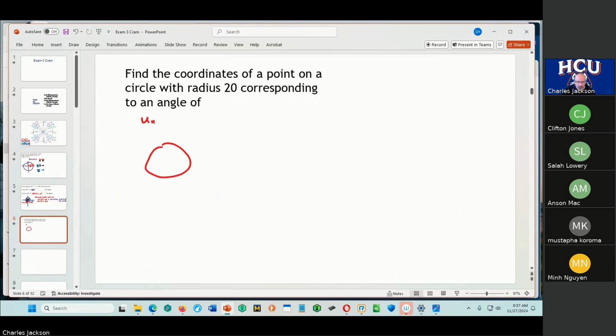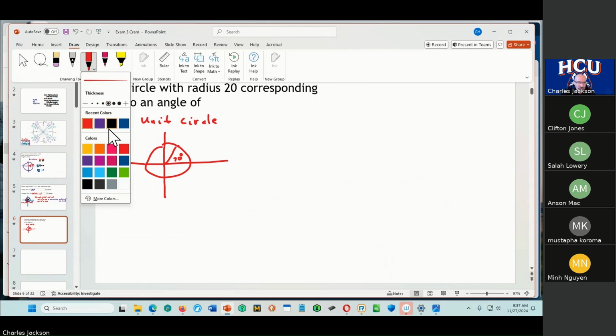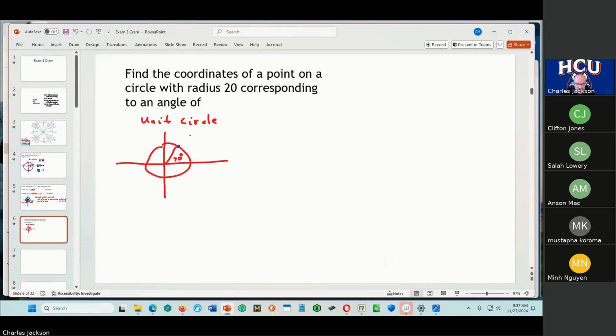So on the unit circle, the circle of radius 1, we found that for 70 degrees, the point on the unit circle was approximately 0.342, 0.94.